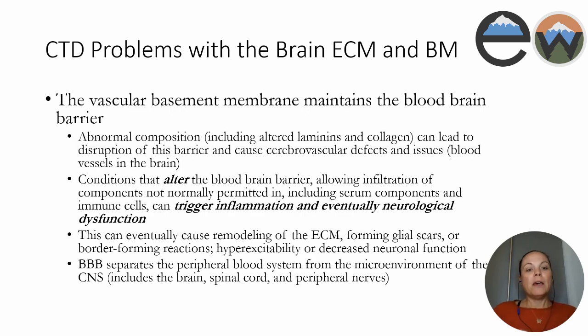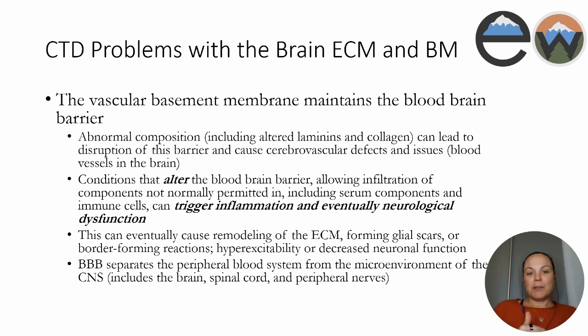Okay. So the extracellular matrix of the brain and the basement membrane are supposed to be maintaining the blood-brain barrier, which means we don't want things that are in the blood to get through to our neurological tissue. So it's supposed to be warding off that zone from getting into the neurological tissue.